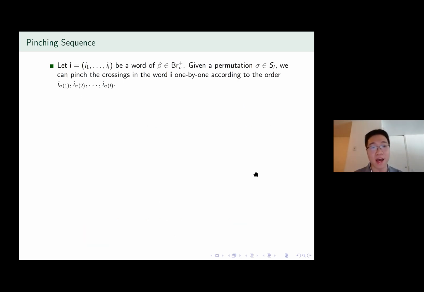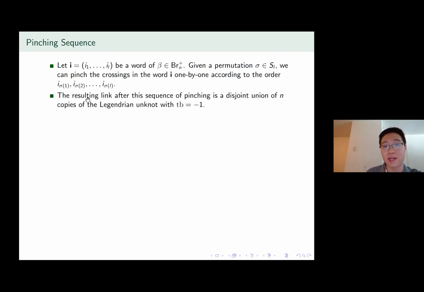Okay, and now let's talk about pinching sequences. If you have a braid of length L, you can take any permutation sigma in S_L, and then we can pinch the crossings one by one in the order according to the permutation. Then the resulting link after the pinching, you pinch all of the braid crossings.